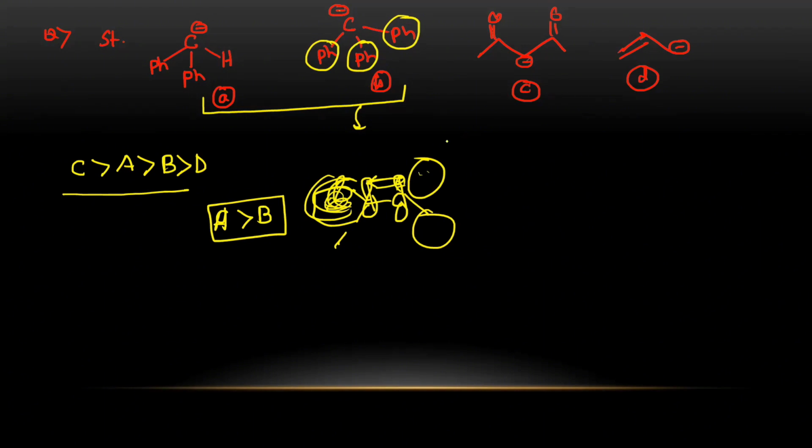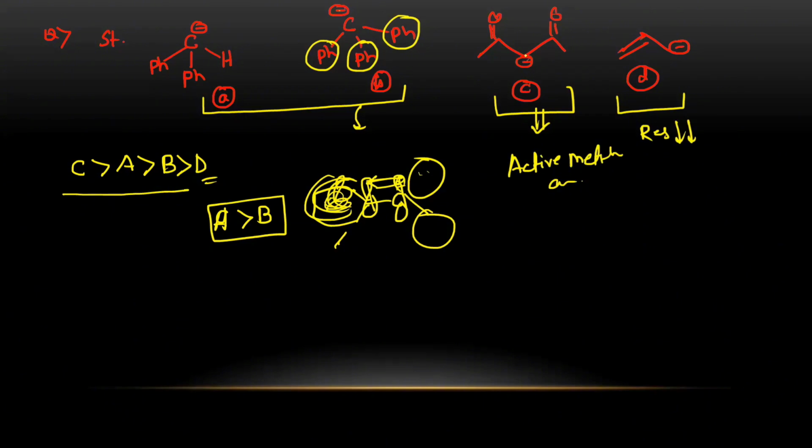Now C and D. D will be least because in A, B, and C there is much more resonance than D. So here resonance is very low, but in these cases resonance is very high. And this compound is special, it is called an active methylene compound, active methylene anion.